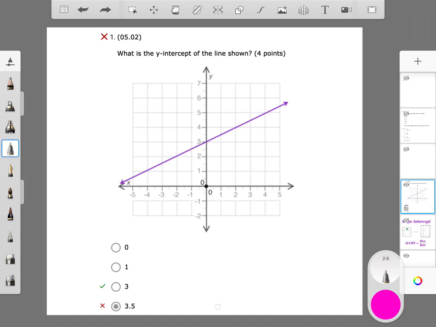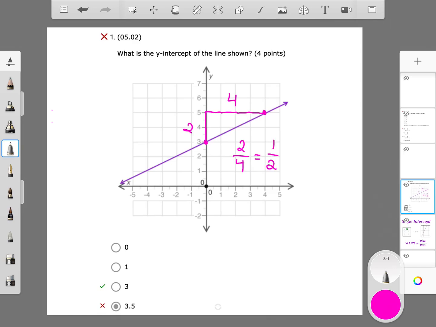I know if I look to the intersection points about what the slope will be, a rise of 1, 2, and a run of 1, 2, 3, 4. Rise of 2, run of 4 will make our fraction rise over run. That's going to be the same as 1 over 2.